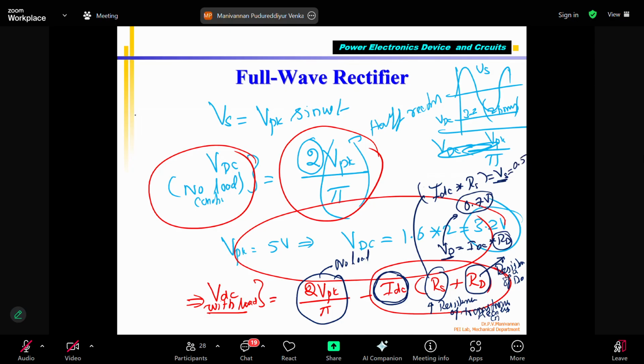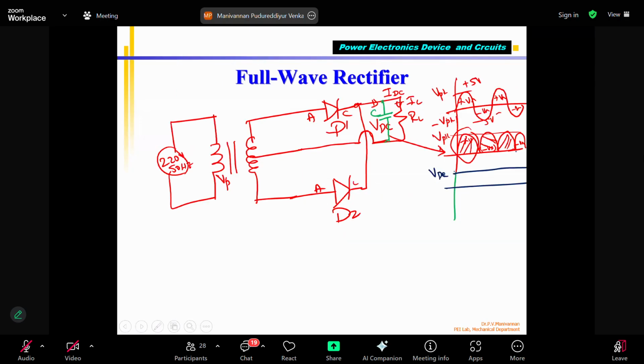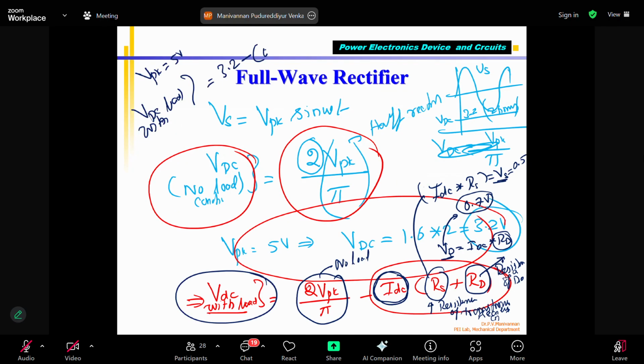Okay. So what will be the net final output in the loaded condition? VDC with load for the full wave rectifier, when V peak equals 5 volts, will be 3.2 volts minus 0.5 volts, which I told you is the secondary drop, plus the diode voltage, because the diode is conducting, which I already told you will be 0.7 volts.